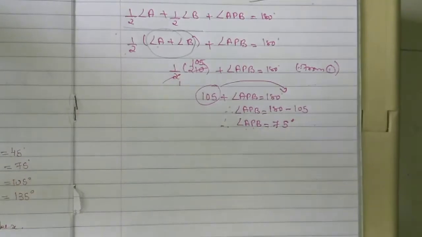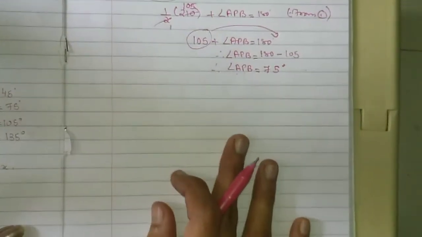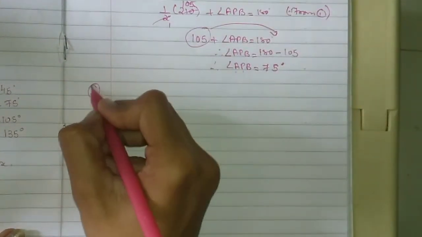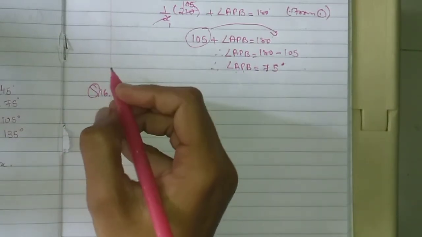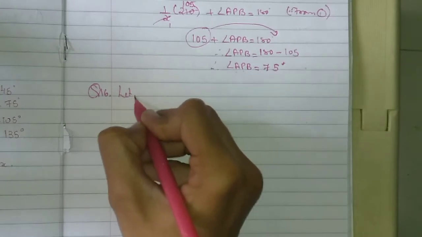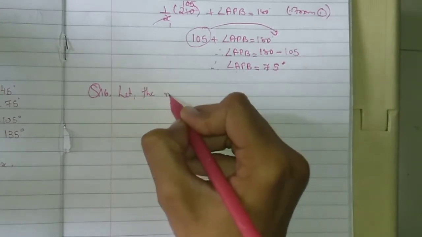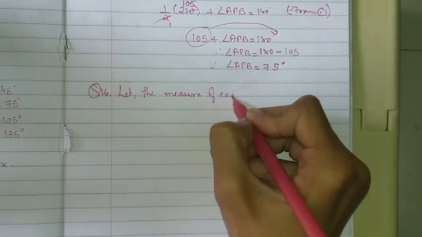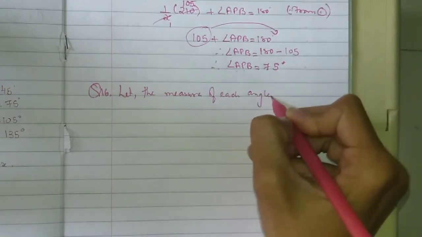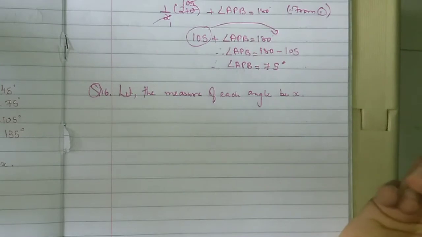First of all, we write question number 16. In that, let the measure of each angle be x.